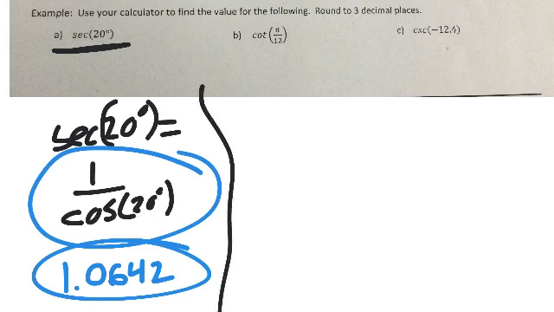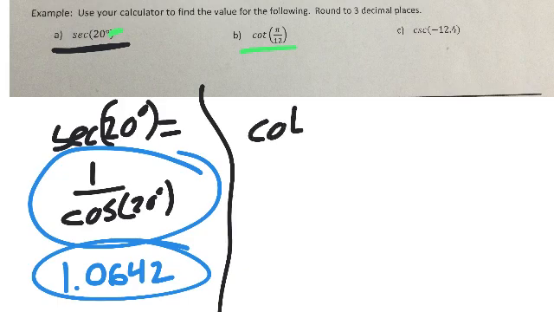Okay, next one, cotangent of pi over 12. So is this in degrees? How do you know? Because there's no degree sign. So because this one is in radians, we're going back to radians in our calculator. We're looking for cotangent of pi over 12.